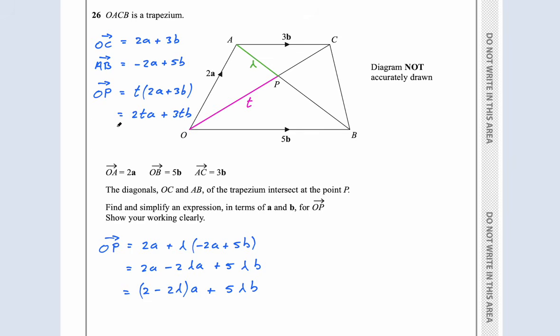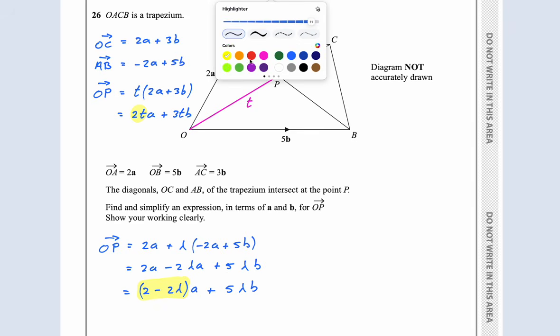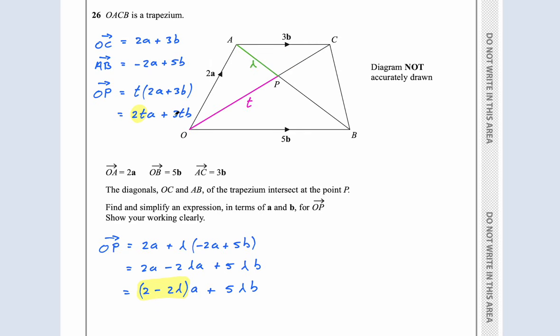strange thing where I say, well, this is OP and this is OP, which means the a component, because a is a vector, right? So the a component of OP here has to equal the a component of OP there. And the b component of OP here has to equal the b component of OP there.